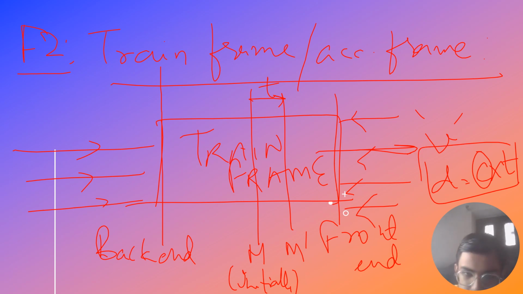Here the distance is less, this particular distance, and this particular higher distance. Since the distance is less, the time will automatically be less to reach this particular point M dash. While from the back end, it is at a higher distance, so it will take more time to reach that particular point.